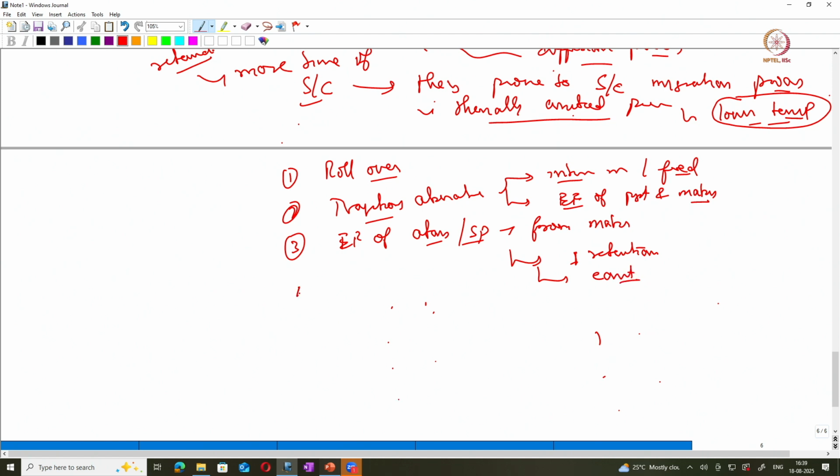And the fourth thing we called surface migration, which also occurs near the poles or the zone lines. This is a thermally activated process which can be minimized or removed at low temperatures. However, at low temperatures you cannot avoid these trajectory aberrations.